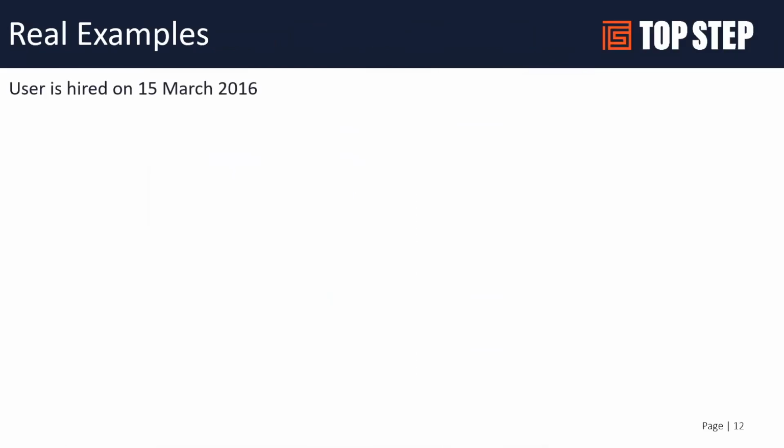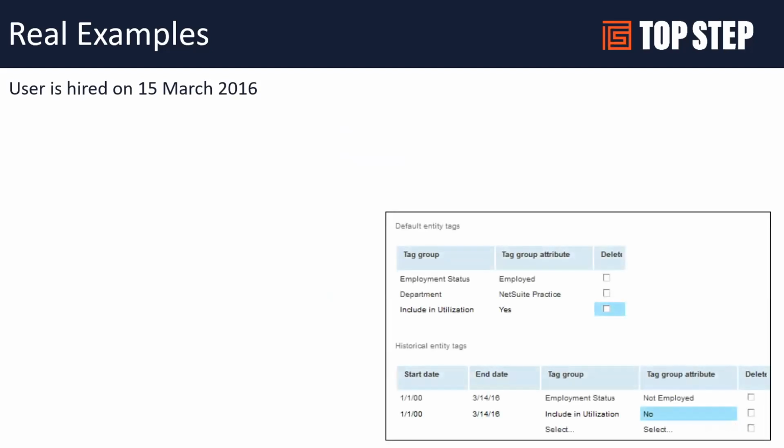So in our example here, we have a user who is hired on 15th of March, 2016. So we can have the historical entity tag of not employed starting way back in the past, and then the end date being the last date before their default value should be taken into account, or the 15th. So that's why we have 3/14/2016 here.